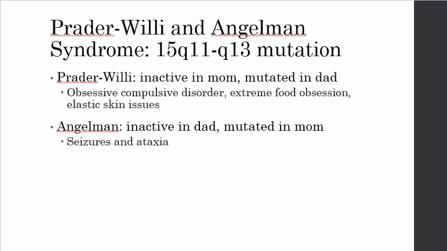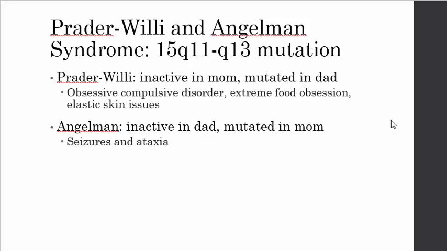So in Prader-Willi syndrome, you have a 15q11 to q13 mutation. So chromosome 15 on the q arm in spaces 11 to 13, you have a mutation.